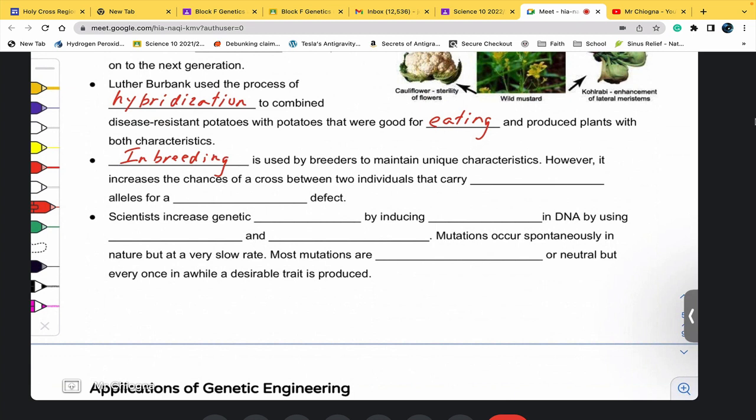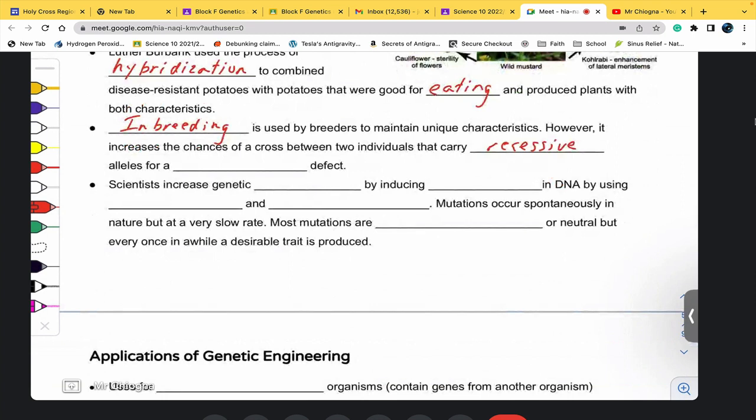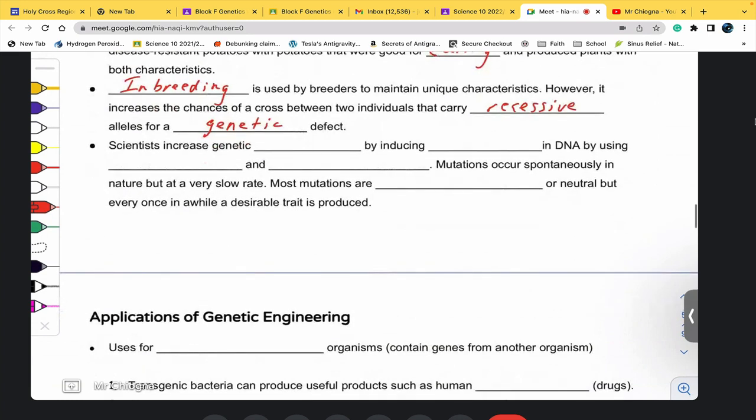However, there is an increase in the chances of a cross between two individuals that carry recessive alleles for a genetic defect. It can go unnoticed until two recessive alleles are inherited, and that's when you see the defect.